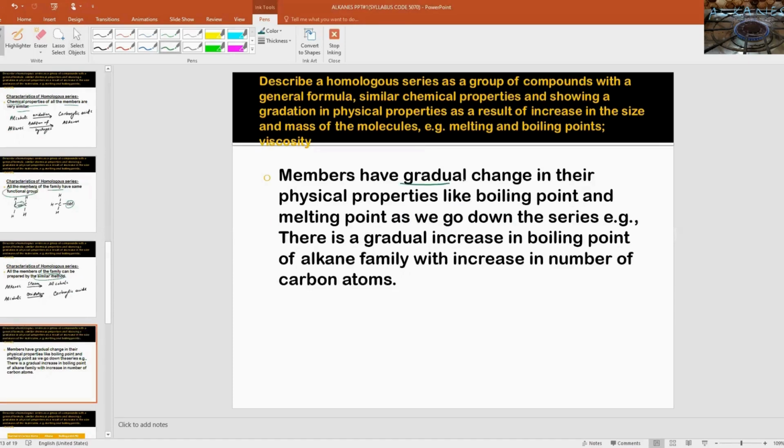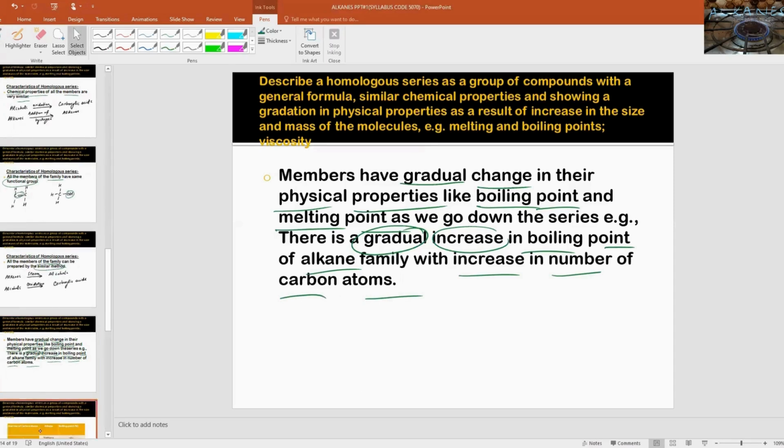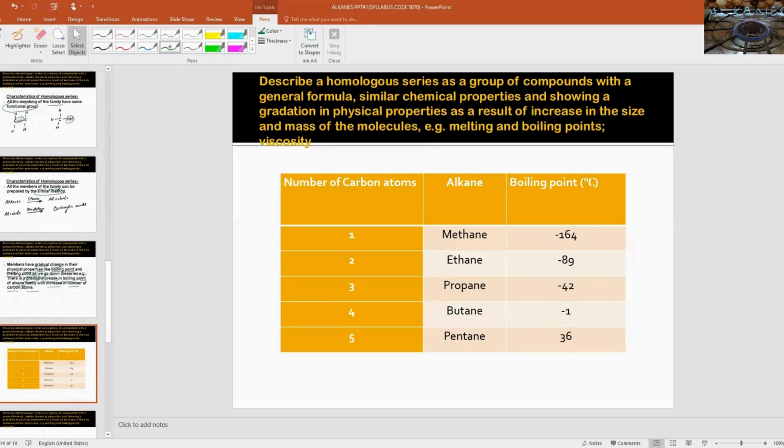Members have gradual change in their physical properties like boiling point and melting point. As we go down the series, there's a gradual increase in boiling point in the alkane family with increase in number of carbon atoms. See the table.